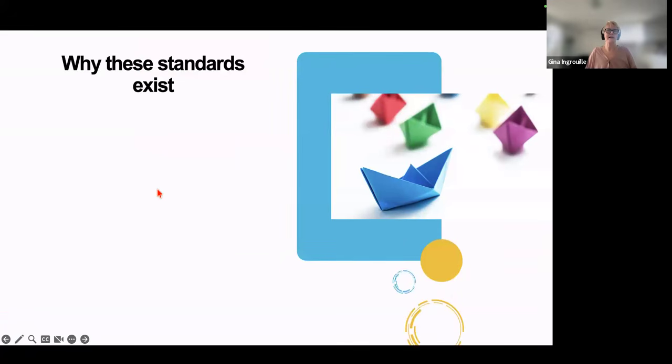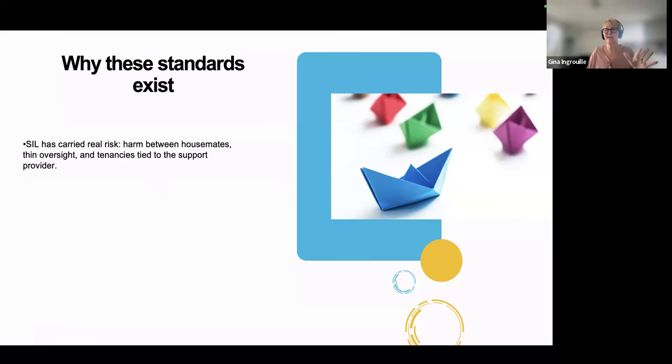So why these standards exist. SILs carried the real risk: the harm between housemates, the thin oversight, the tenancies tied to the support provider. When the standards first came into practice, when I entered into the auditing area, and then consulting soon after, what I saw was a whole lot of providers capturing participants.